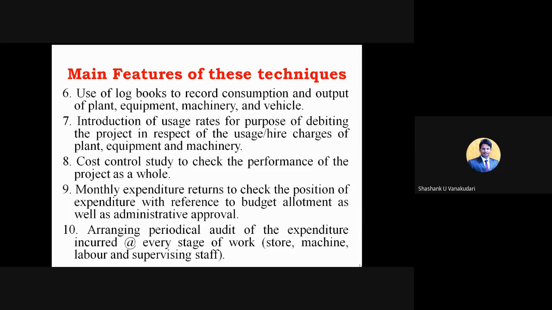In that meeting, they will brief what exactly they need to do in this particular work. After that only, the lower management people, such as the site supervisor or laborers, take the inputs from the top management, and then they execute that work. So that we can maintain by using these techniques.